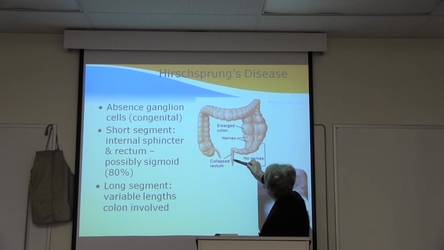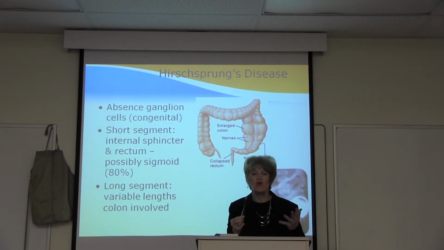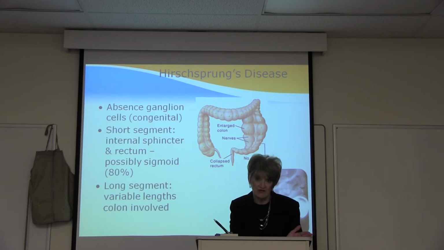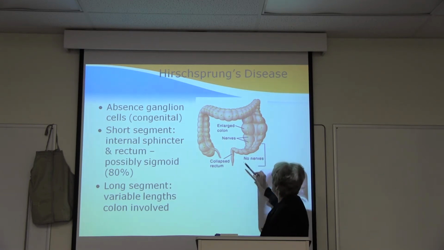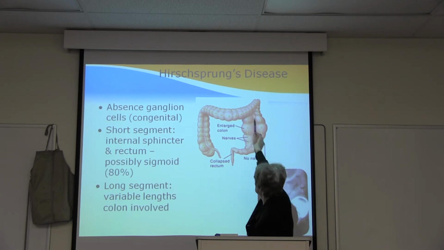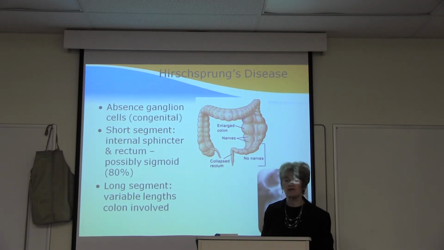No. The other section that's always involved is the rectum. Part or all of the rectum is always involved in Hirschsprung's, and many times part of the sigmoid. There's a small percentage of children who have additional sections of the colon involved.